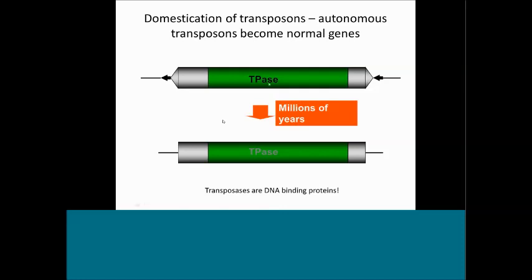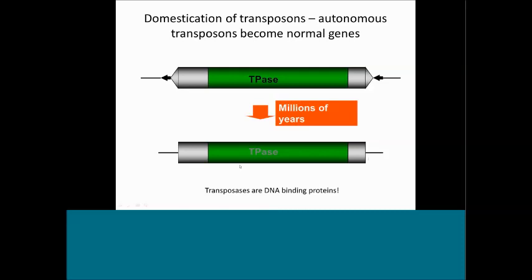So an element inserted in the genome gradually loses its structural features, for example, the terminal inverted repeats of the transposon, and the target site duplication also becomes degraded.